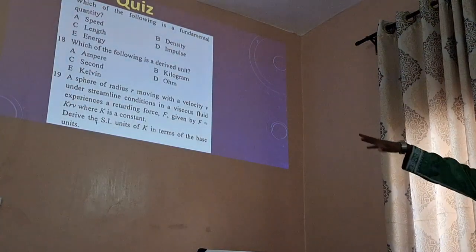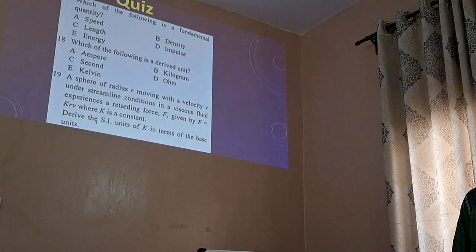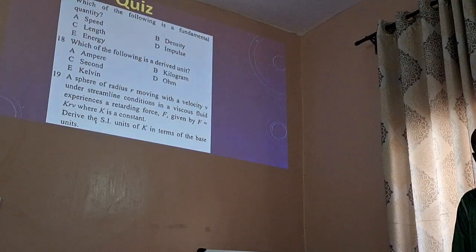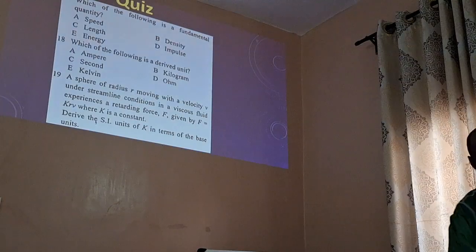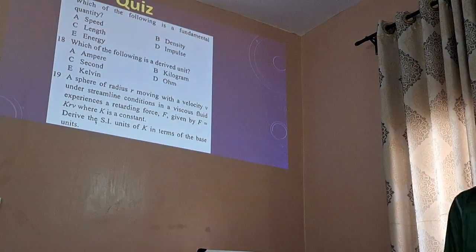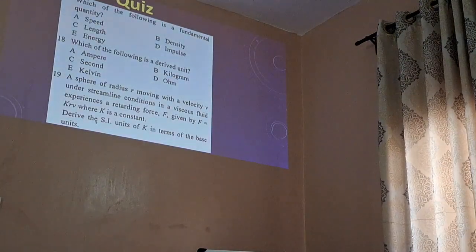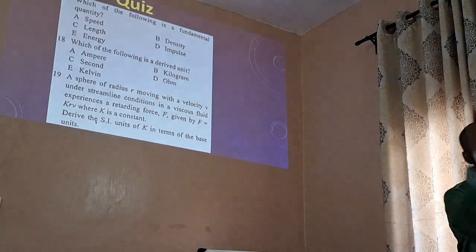In terms of the base units. And the base units here refer to the fundamental units. Okay? The very base, the fundamental units. So F equal KRV. You know the units of all the quantities except one, isn't it?